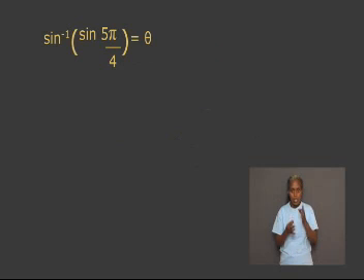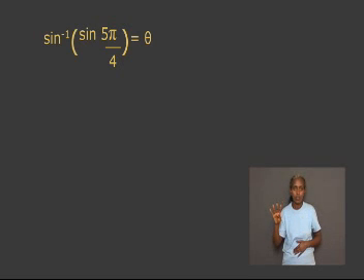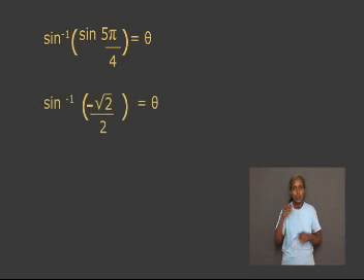If the inverse sine function equals the sine of 5 pi over 4, we can write it as the inverse sine function equals negative square root of 2 over 2.